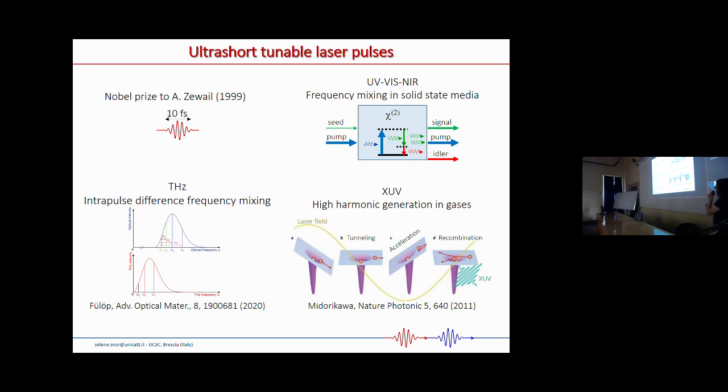When the two match in space and time in the material, the result is what is called optical parametric amplification, which is sketched here. Eventually you induce a transition by the pump, and the seed acts as a source for stimulated emission. The residual photon energy, which is the difference between the pump and the seed photon energy, also comes out as a result, and this is the so-called idler photon.